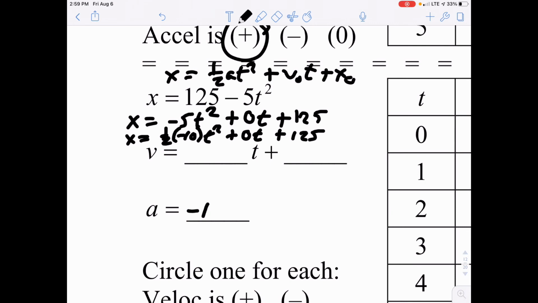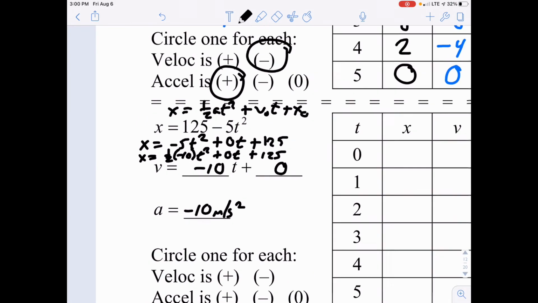So acceleration is negative 10 meters per second squared. Velocity, the initial velocity is the term in front of t, and acceleration goes here, so it's negative 10t plus v naught. But my v naught term is 0, so negative 10t plus 0 is the equation I'm working with in this instance.